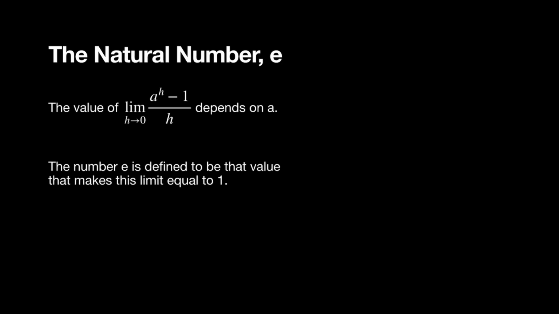And the value of that constant, the value of that limit, depends on what a is, depends on the base of the exponential function. We are going to define our natural number e to be the base that makes this limit equal to 1. So the limit as h goes to 0 of e to the h minus 1 over h is equal to 1.